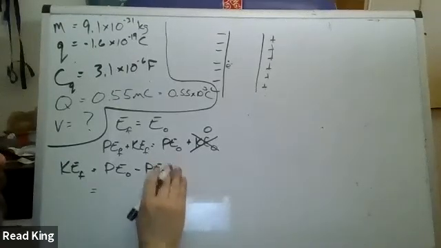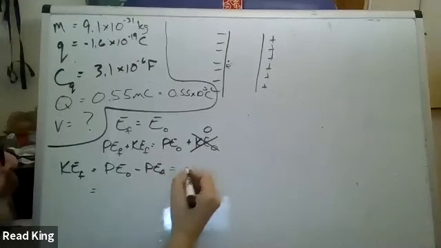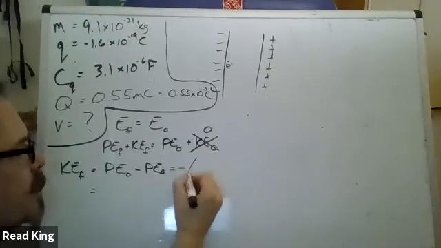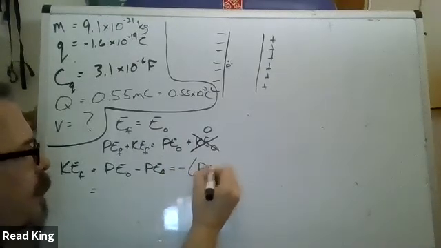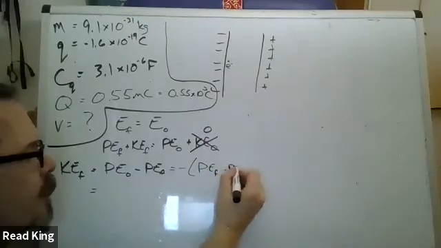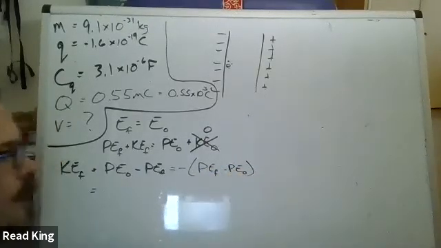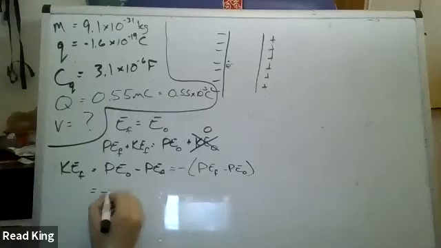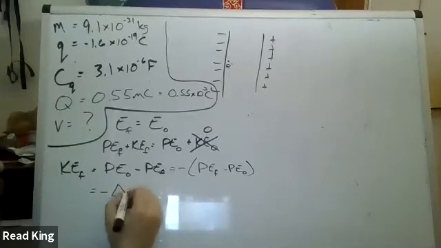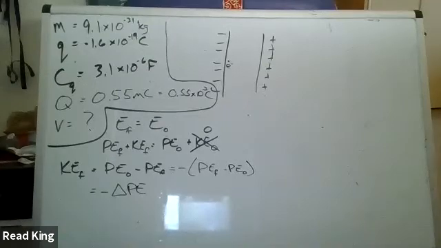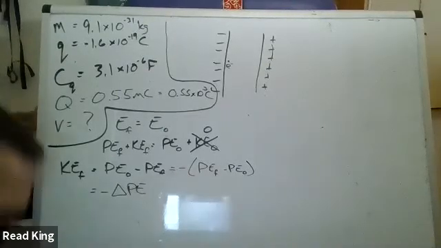Let's do this. Just to be crystal clear on this, this is going to be minus potential energy final minus potential energy initial, which is going to be equal to minus the change in potential energy, because it's always final minus initial to get the change. Therefore, this is minus that.